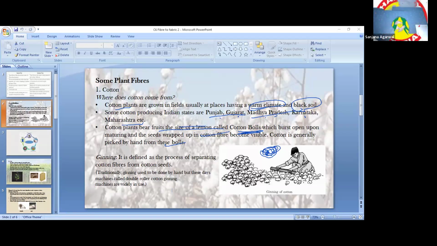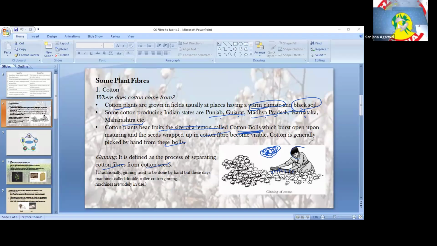Then we comb this cotton to separate it, because it's all messy and stuck together. So as to make it separate, we need to comb it. Like this person is using a very big brush to comb. The process of separating cotton fiber from cotton seeds is called ginning.